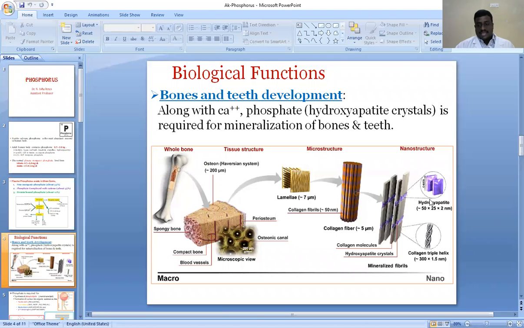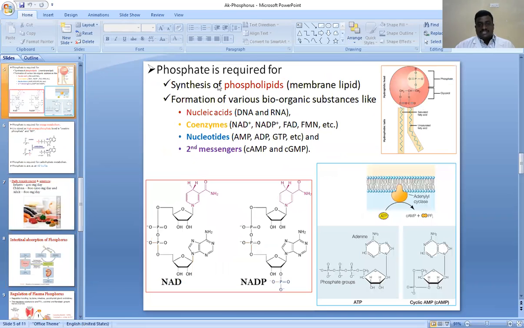Along with the calcium it forms hydroxyapatite crystals. These hydroxyapatite crystals form a strong bond between the collagen fibers of the bone, so it helps the strength of the bone. This is the first function. Second function.